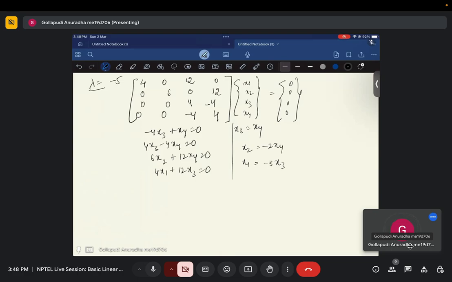Okay, so x4, let's take it as an arbitrary value. Then x1 will be minus 3, x2 will be minus 2, x3 will be 1.